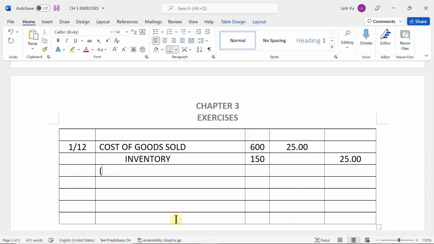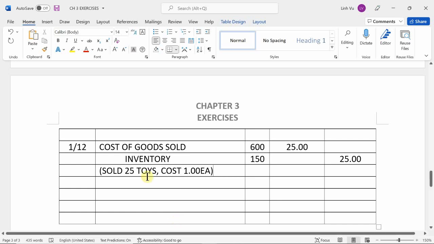Okay, and I can go ahead and say sold 25 toys at cost $1 each. Okay, it doesn't matter. You don't even need to have this either because we'll talk about inventory in chapter 5. Okay.